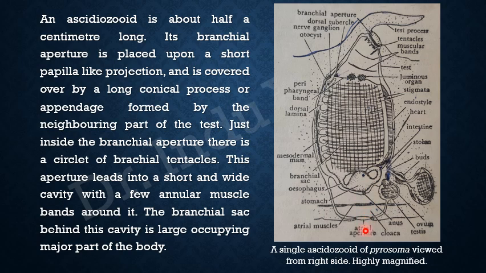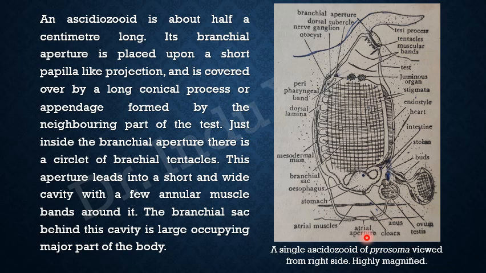So all the waste water along with waste material comes and is poured in this common cloaca, and this common cloaca, as you have done before, opens to outside by a common cloacal aperture which is guarded by the velum on the periphery.